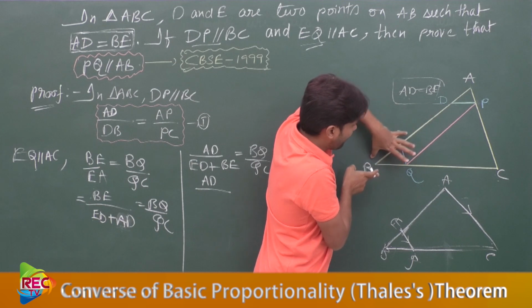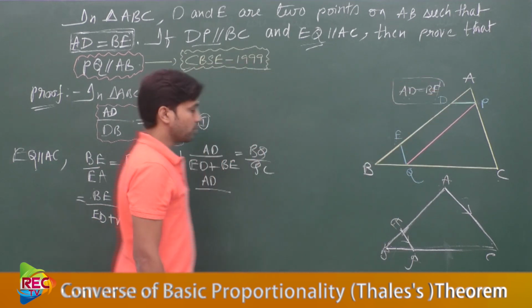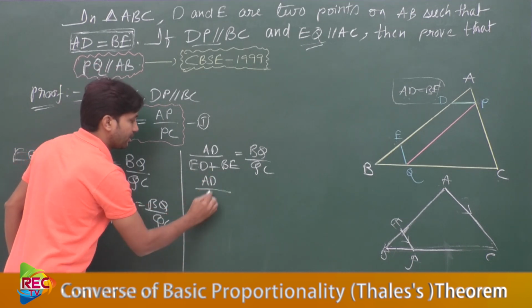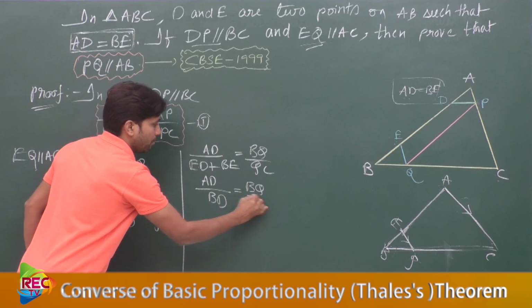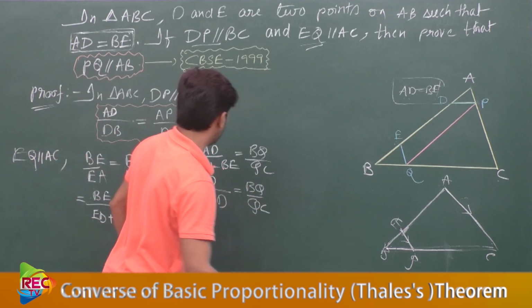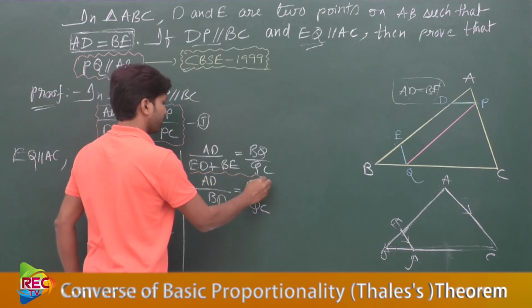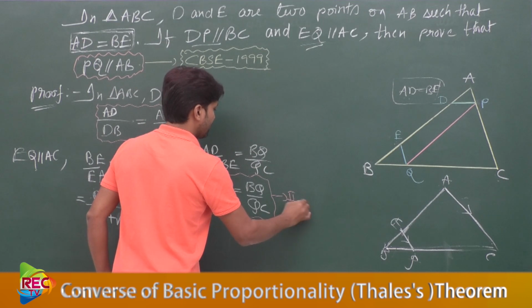Adding these two line segments, we get BD or not? Exactly. So adding these two, we get BD equal to what? BQ by QC. Okay, let this be condition number 2.